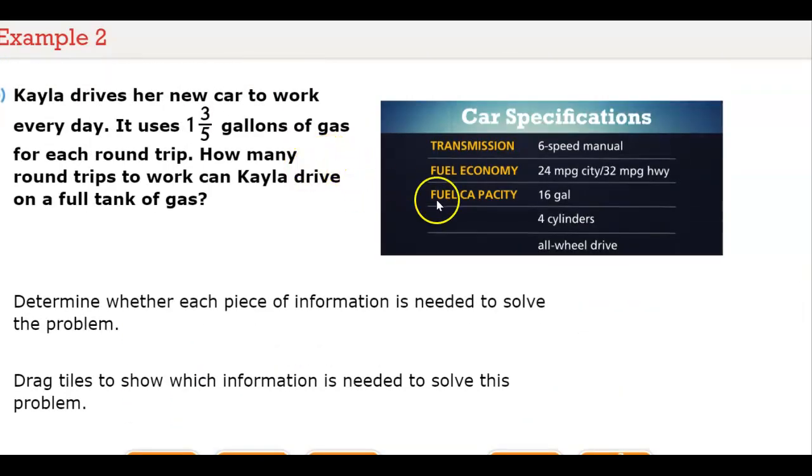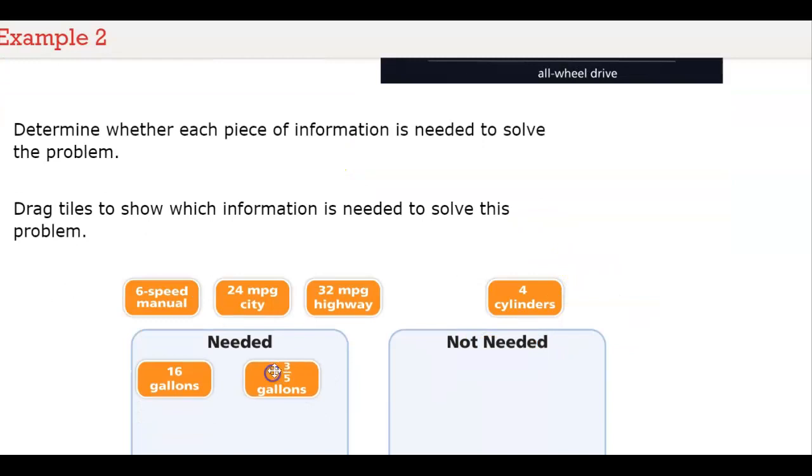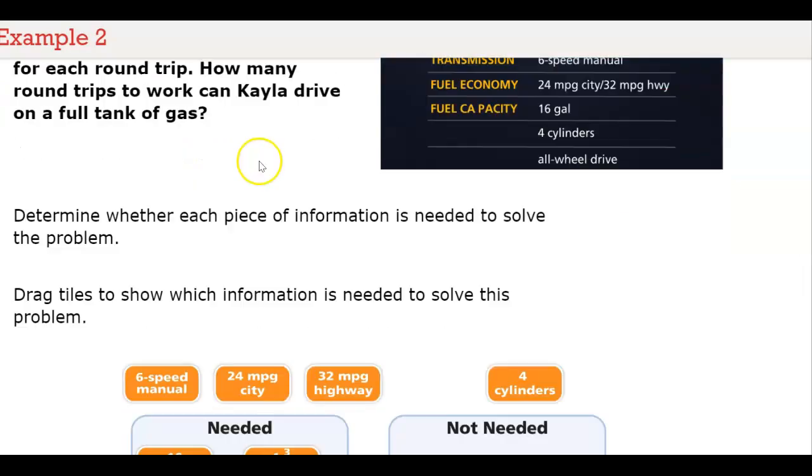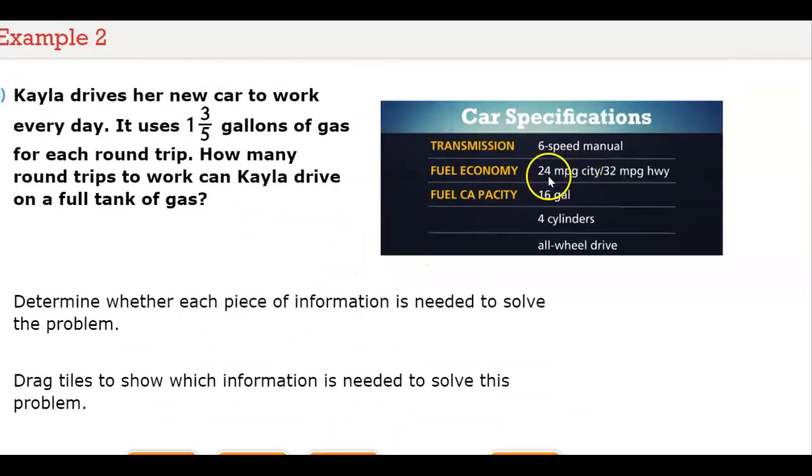So with that being said, I did say 1 3/5 gallons. We do need that because that is how much gas she uses for each round trip. And round trip means going to work and coming back. That's round trip. Let's see. We have the fuel economy. That tells you how many miles per gallon that your car will use driving in the city.